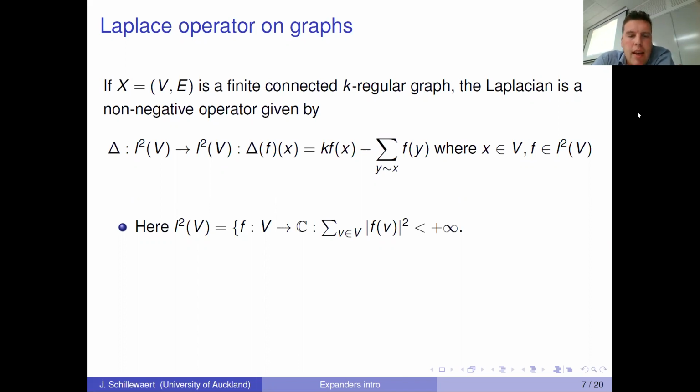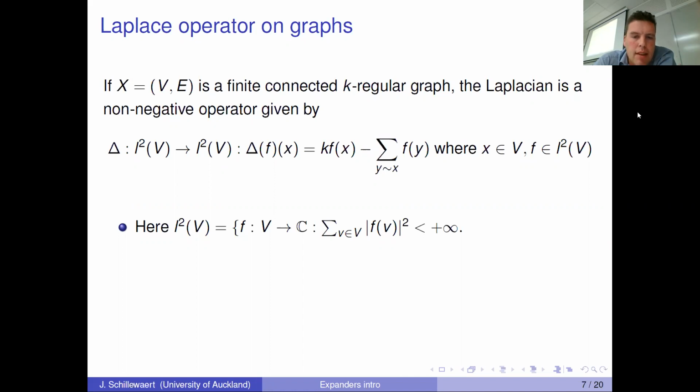Basically, it takes a function f and sends it to a function delta of f, and I need to declare what delta of f is on a given vertex x: it's k times f of x minus the sum over all the neighbors y of x of f of y. So that's how this new function behaves.